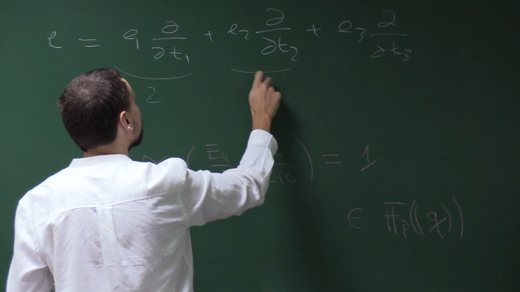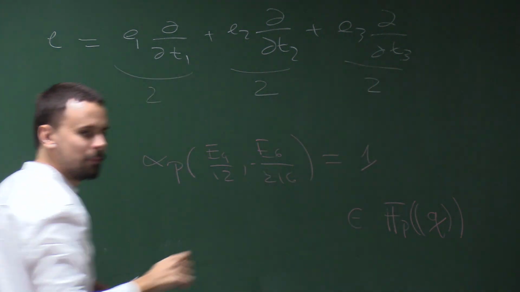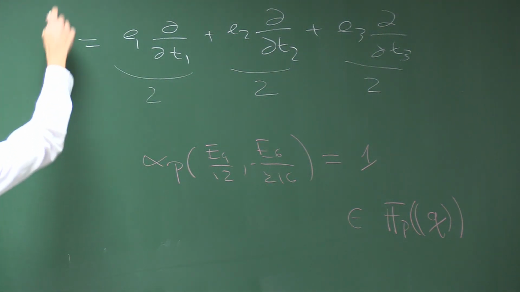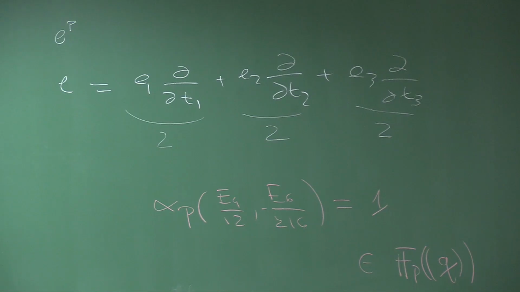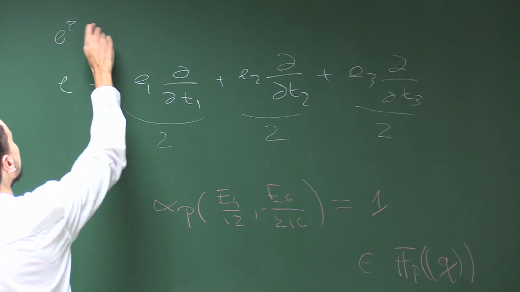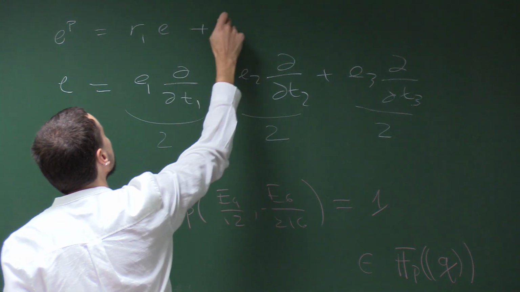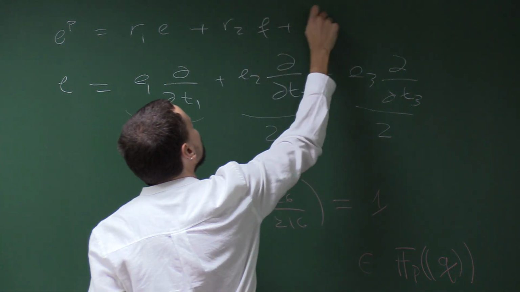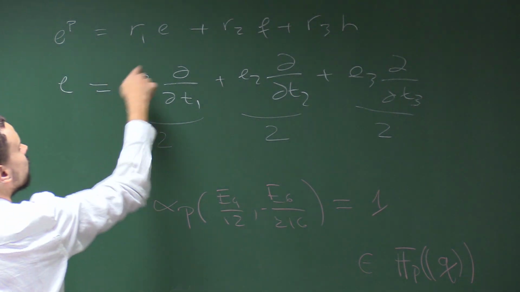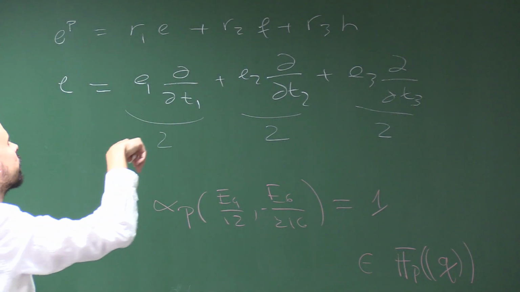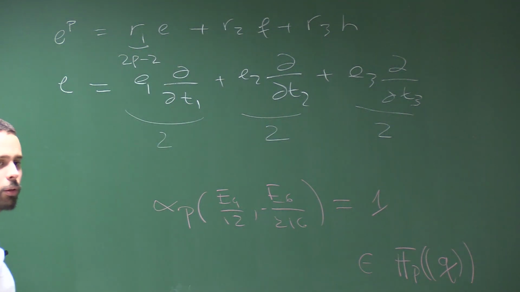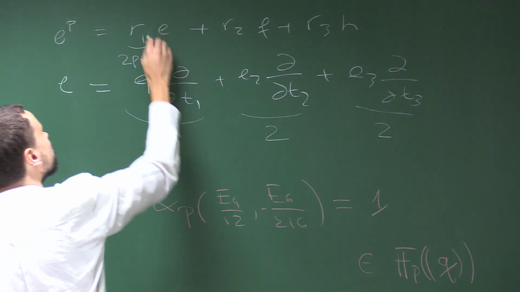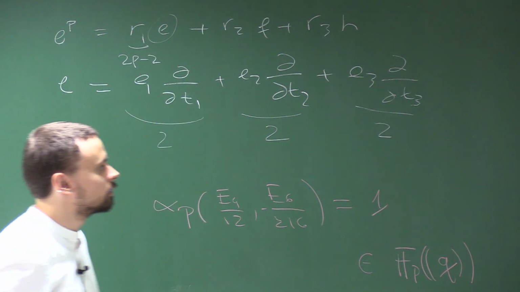So this is homogeneous of degree 2, and the same thing for this last one. So what happens is that when you take E to the power P, you get a homogeneous vector field of degree 2P, right? So it's just a matter of writing the thing like this and analyzing each degree. Okay, so this coefficient needs to be homogeneous of degree 2P minus 2, because this one has degree 2. Okay.